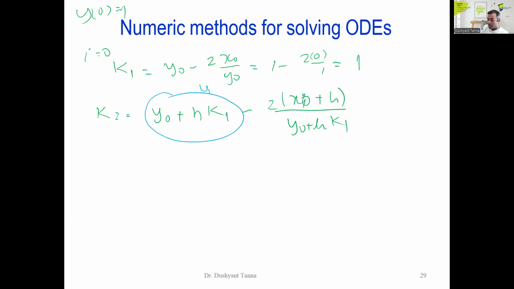This is your y_{i+1}, 2x_{i+1}, and y_{i+1}. Because again in K2, you're still taking care of y minus 2x over y, but your y and x are a bit different.